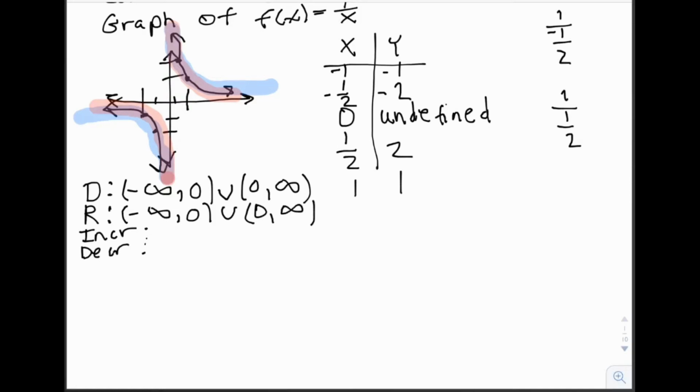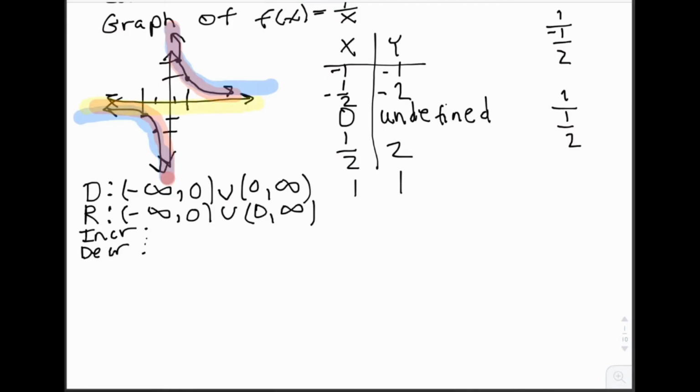Alright, let's figure out our intervals of increasing and decreasing if we have any. As we move left to right, it looks like we are only decreasing, right?